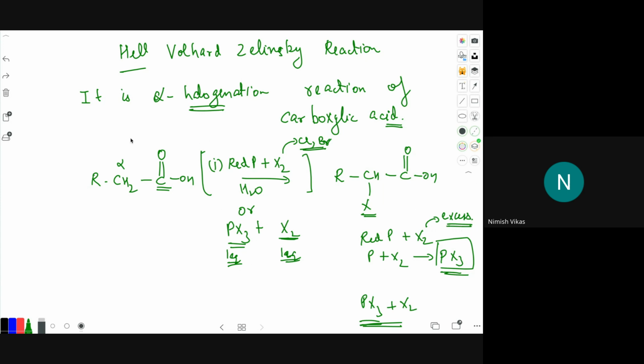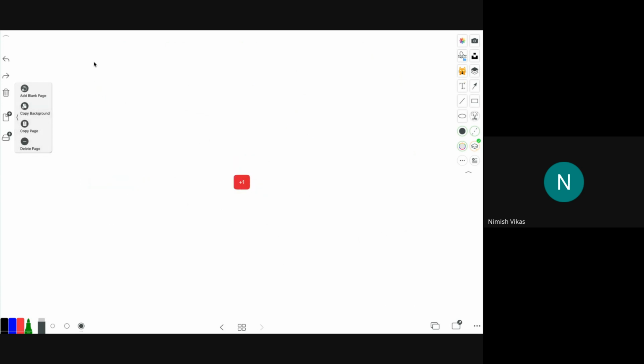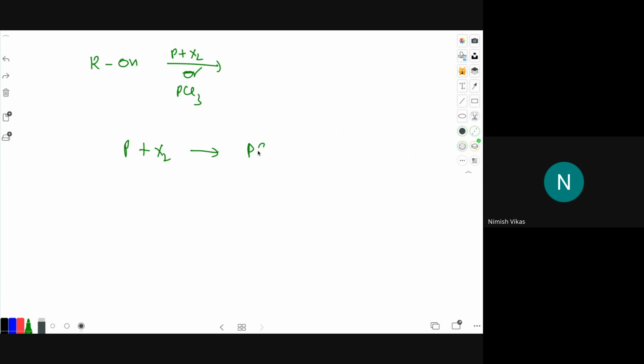Is that fine? You know this reaction, right? Imagine ROH is there and you react it with P plus X2 or, for example, PCl3. Even if they mention P plus X2, it will form PCl3 only. So anything they can mention.